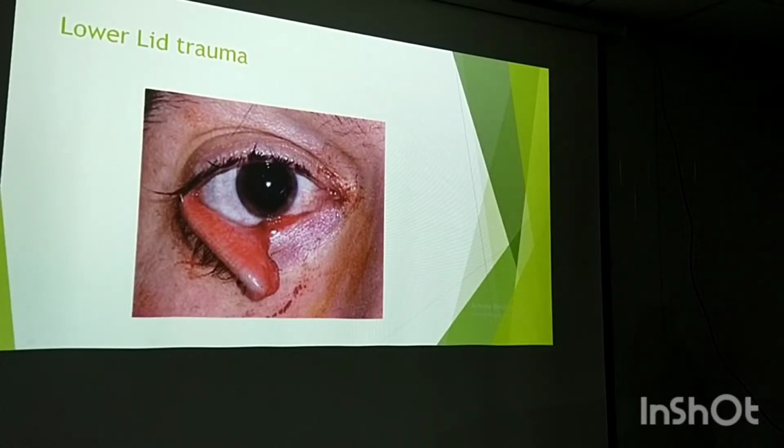It is also damaged here if the injury is medial. Now we have to repair all these. Once it is not repaired, there would be tearing, watering, dry eye. The eye cannot be safe.